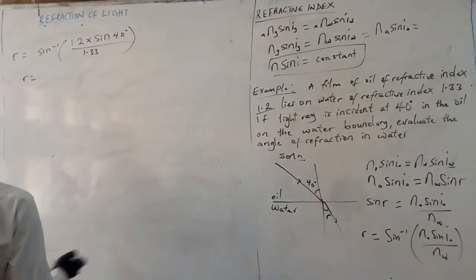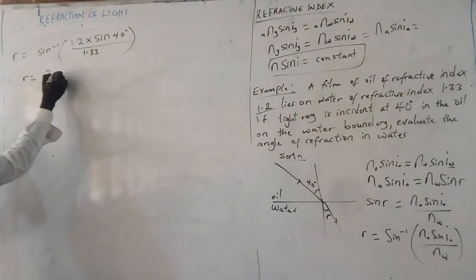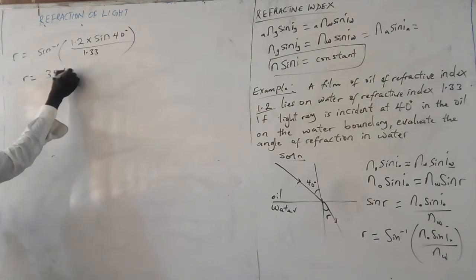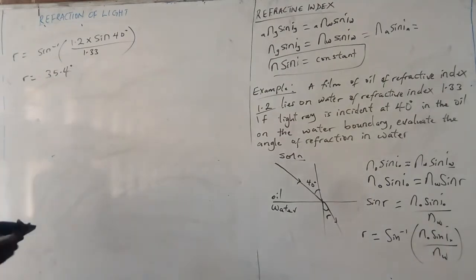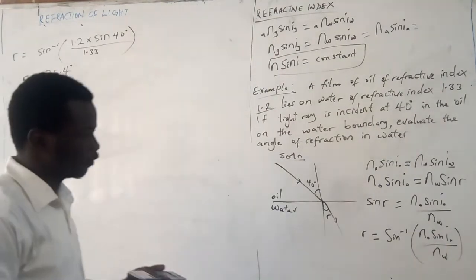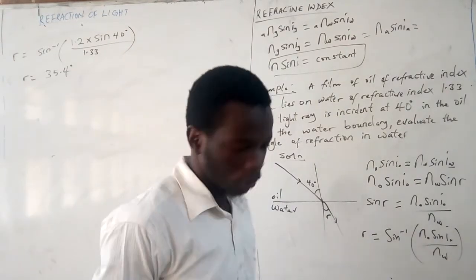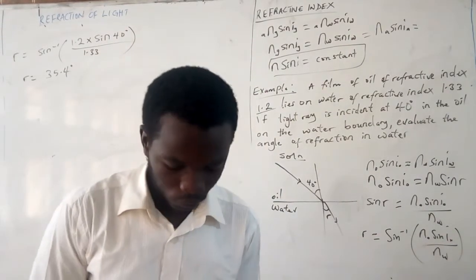So if we do this correctly, we should be having 35.4 degrees. So that's the angle of refraction in water.